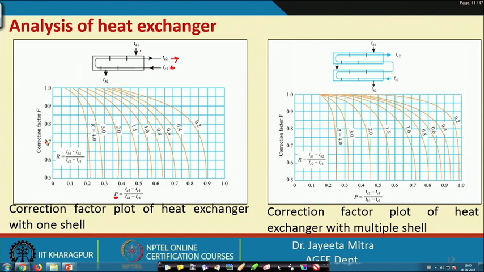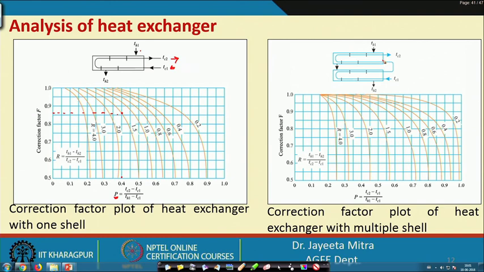So, let us say P is 0.4, and 1.5 will be the capacity ratio. So, when this point hits, corresponding to that value, something like 0.86 or so will be the value of correction factor.